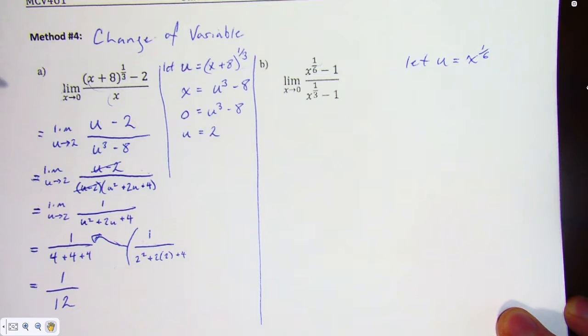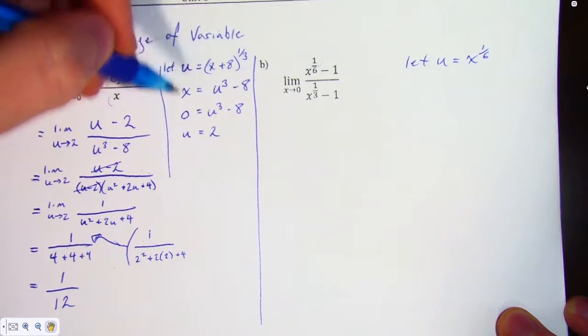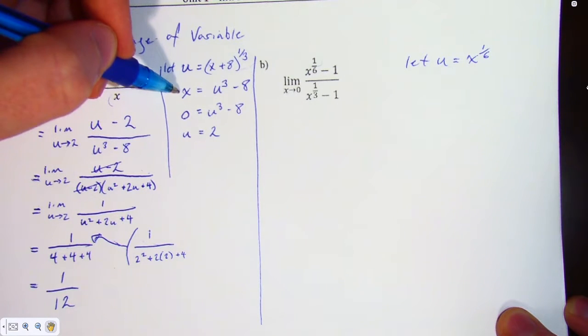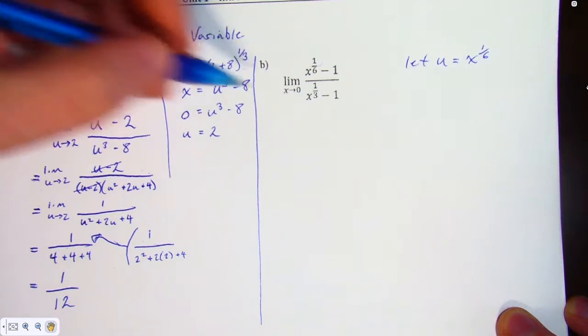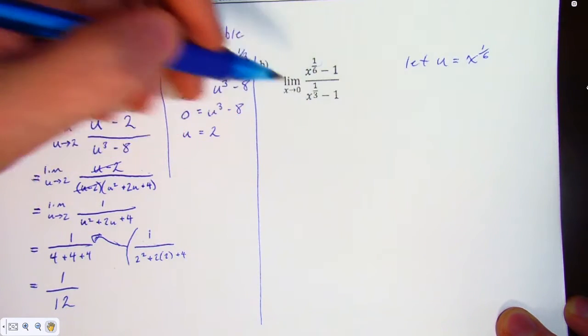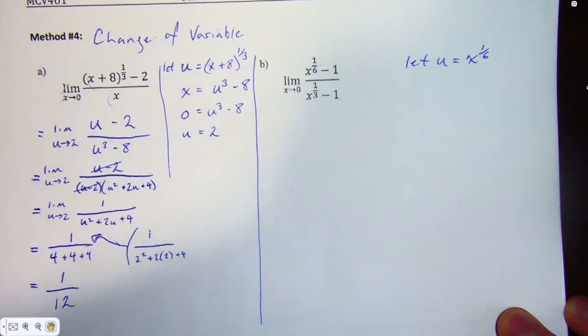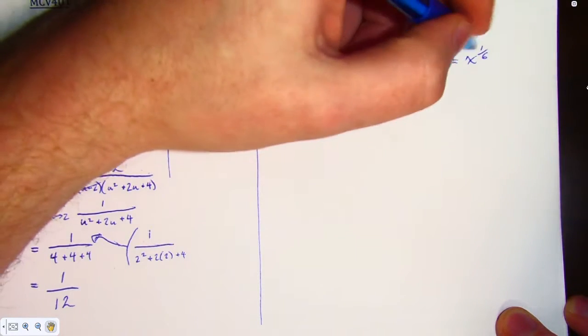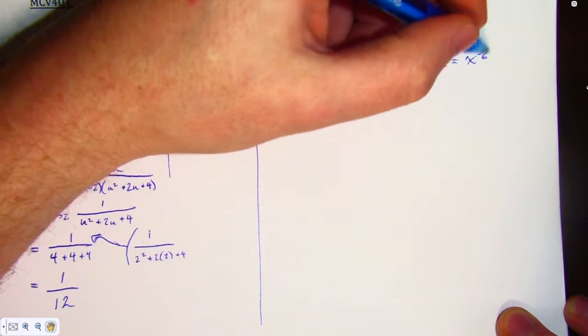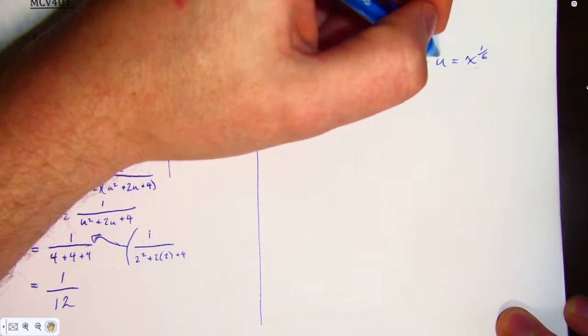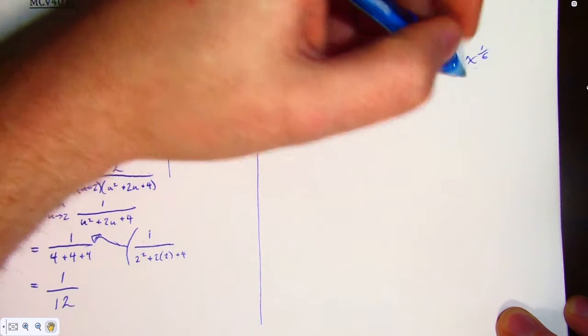Anyway, last time we had to figure out what x equaled. Now there is no x by itself here. We do have x to the 1/3 though, and we are going to have to figure out what that equals. So how can I make this into x to the power of 1/3?